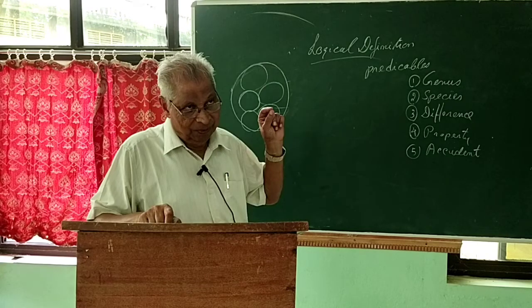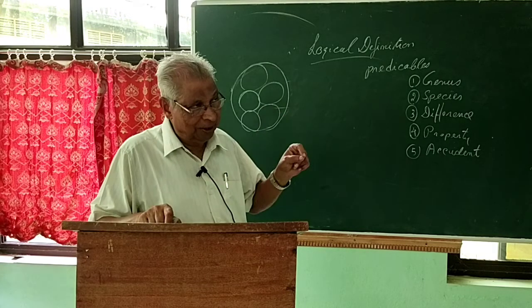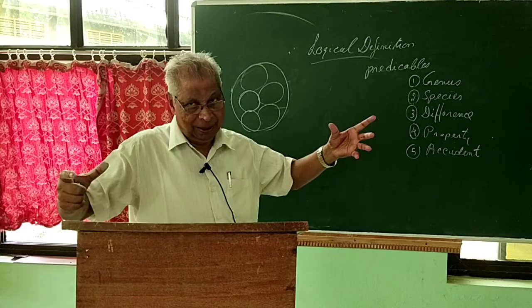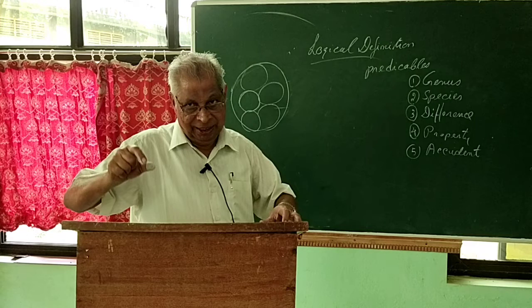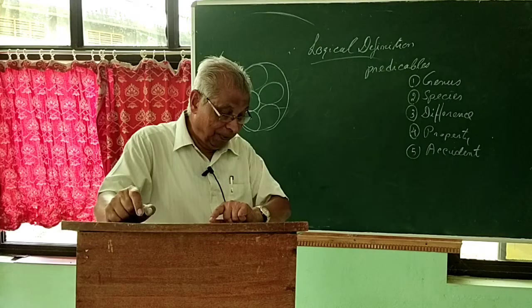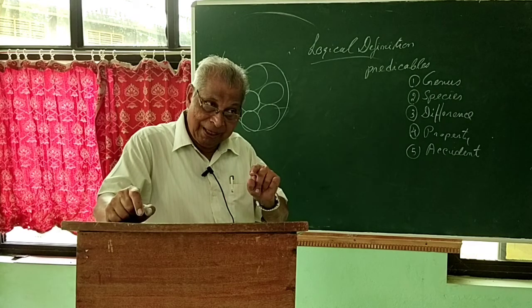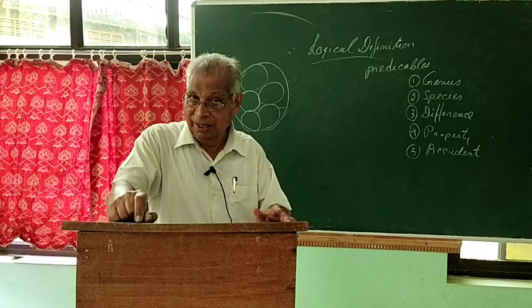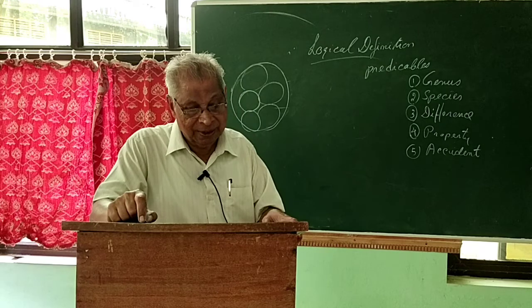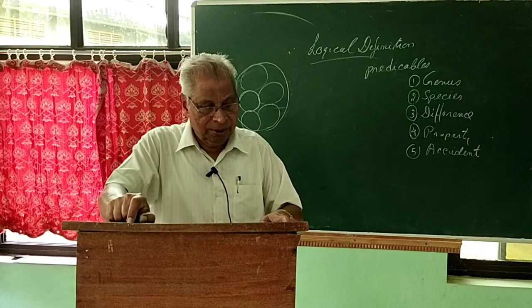So rationality becomes the difference that differentiates one species from other species in the genus. Genus is a big class and species are the small classes, and each small class will be different from other small classes. And how are they different? That specific, essential characteristic is called the difference, and in our example it is rationality.